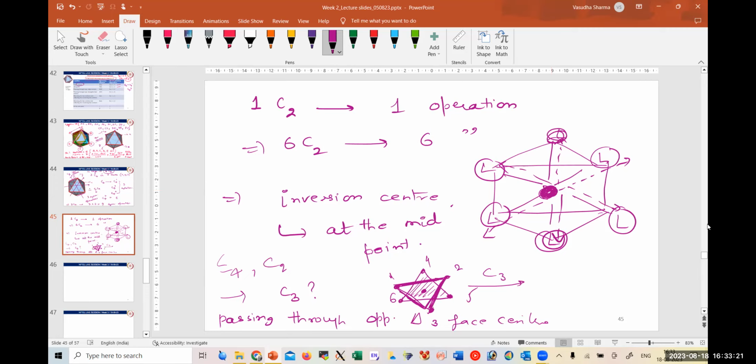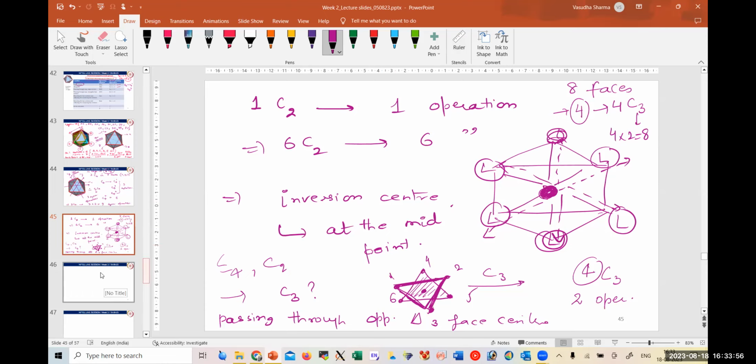So therefore C3 is present, and since we know that C3 gives you 2 operations, and since there are 4 C3s, because we have 8 faces, opposite face centers, there would be 4 in number, corresponding to that 4 C3s, and each C3 gives you 2 operations. So 4 into 2, it's 8. So there would be 8 C3.